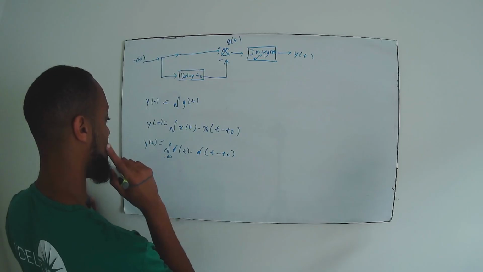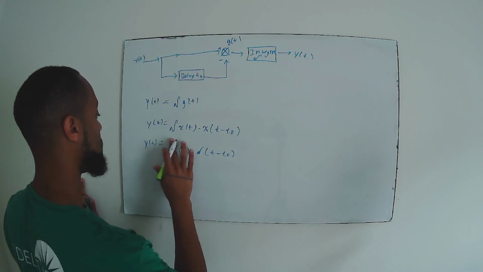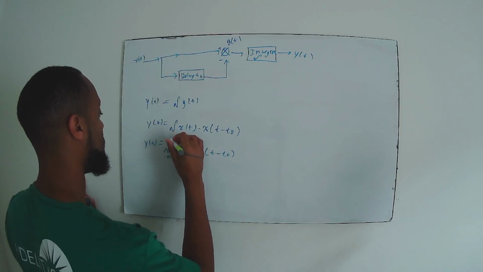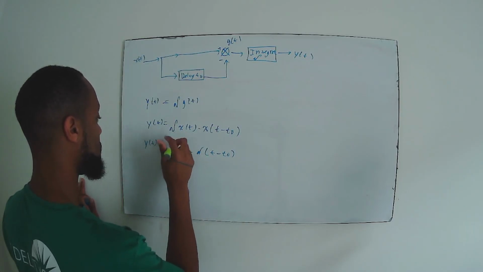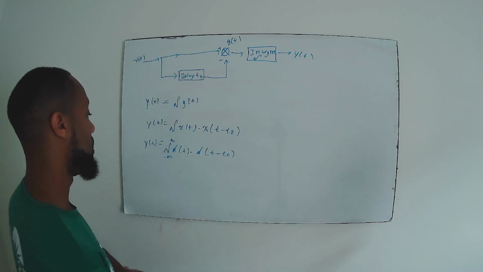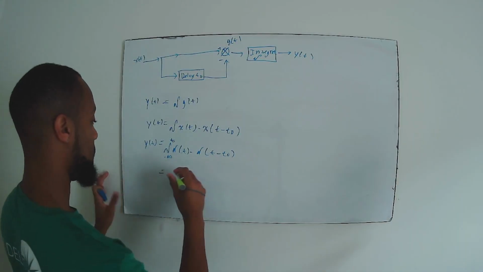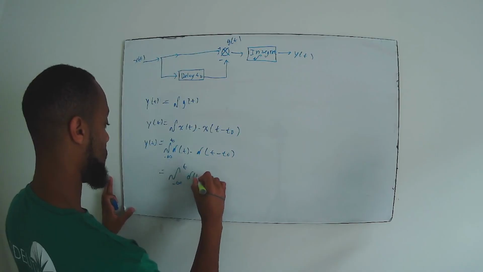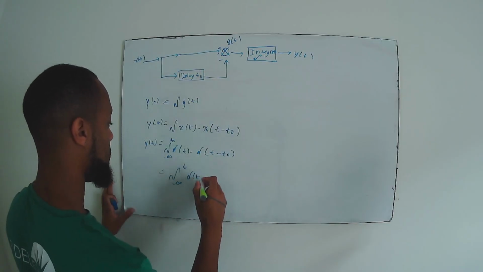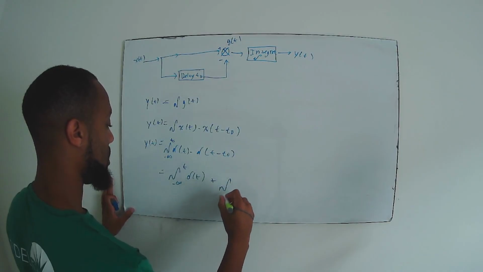This is from minus infinity to some value, let's just say it's t. So let's break this integral up, because this is a subtraction, so we can subtract these integrations. This is minus infinity to t, which is the current period whenever we're doing this integration, and then minus infinity to another t.